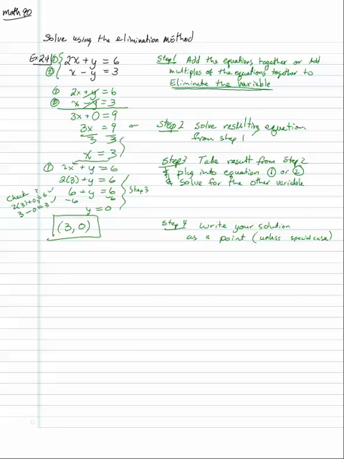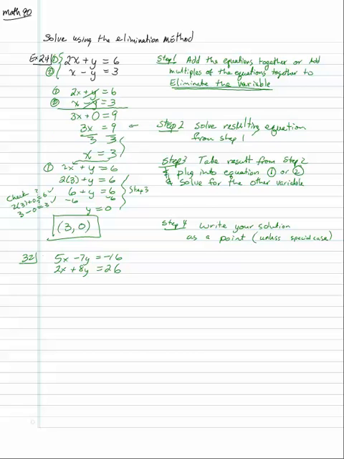Alright, so let's do an example where we have to do that first step where you have to do a multiple. Now remember, our goal is to eliminate a variable. So if we look at number 32, I have 5x minus 7y equals negative 16, and 2x plus 8y equals 26.